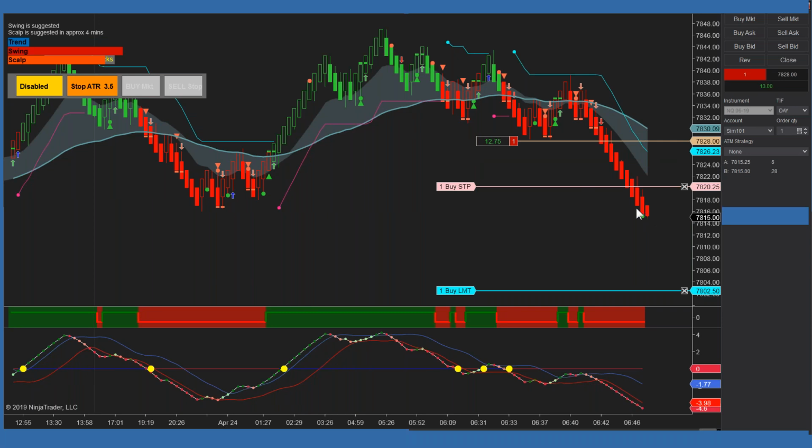So we're trading back to the median line. We're getting a little bit of a pushback now off of the median line.